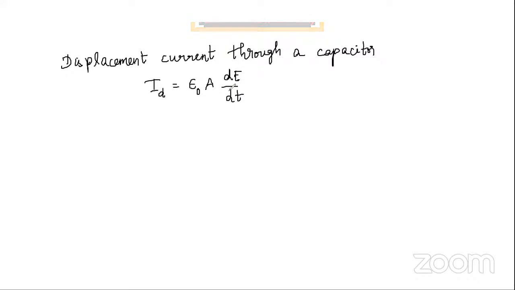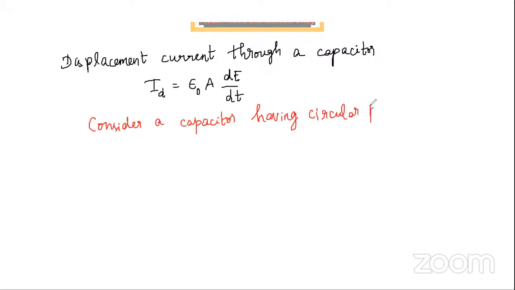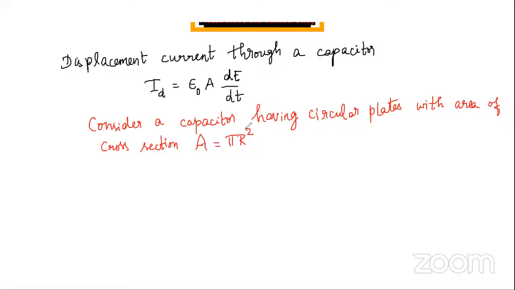Now we are considering a capacitor having circular plate with area of cross section capital A, which is equal to pi R square, because the radius of the plate is capital R.